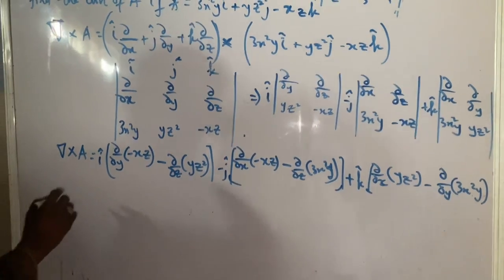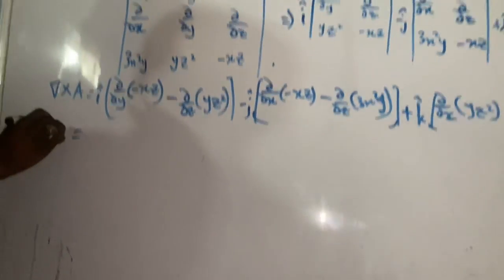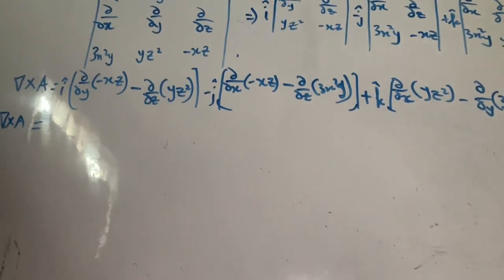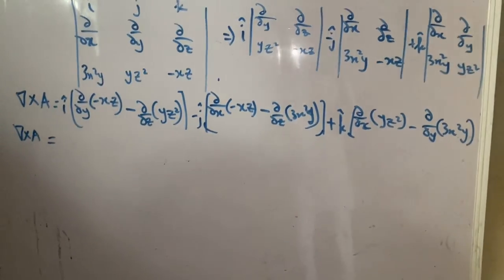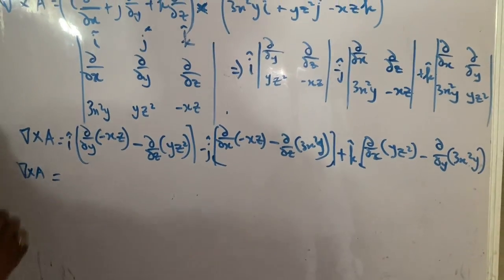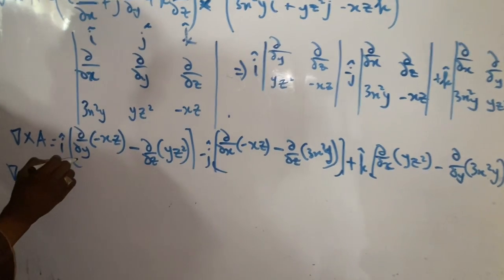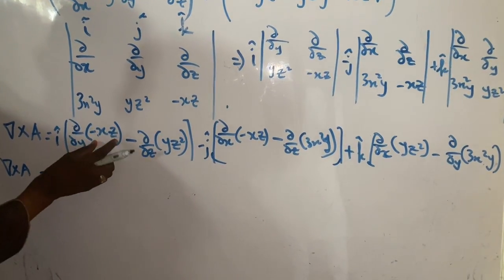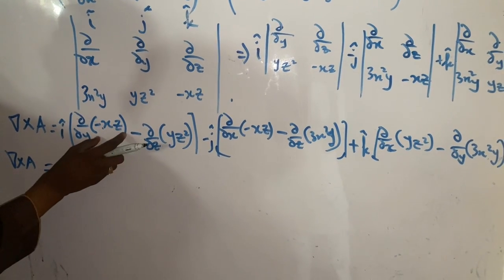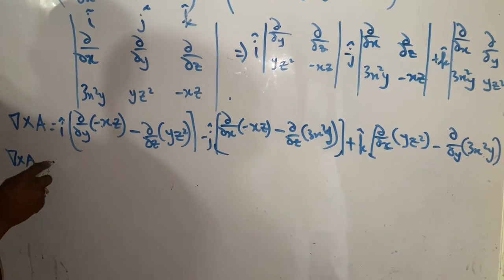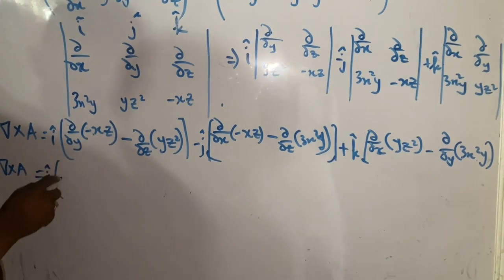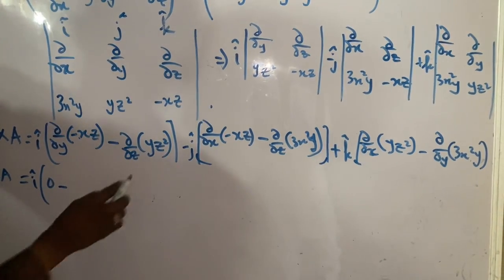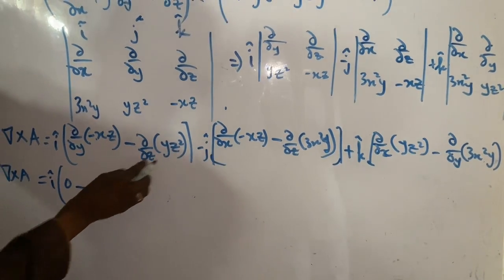So what's happening here now? We come here. Del cross A is equal to del y of minus xz. Differentiate this one with respect to y. No y here at all. They are both constant. That means i times this one becomes 0, minus differentiate yz squared with respect to z.